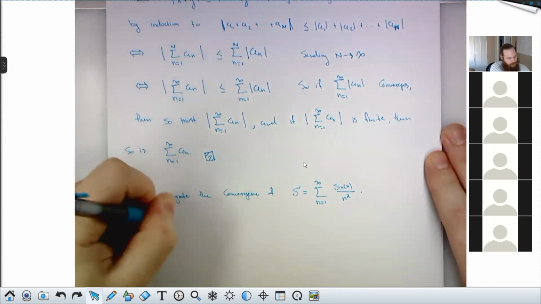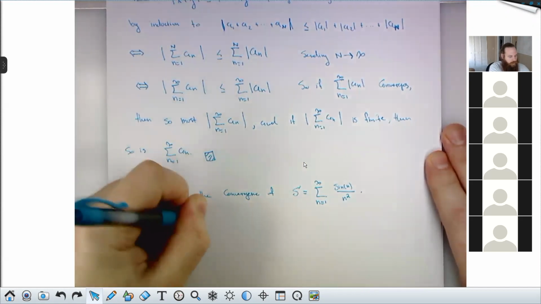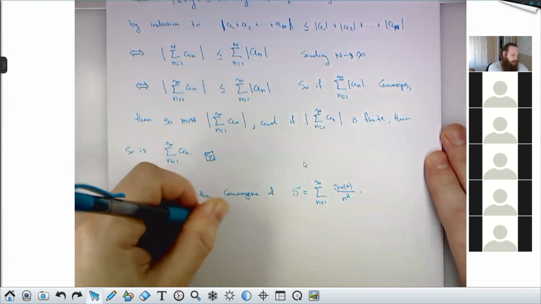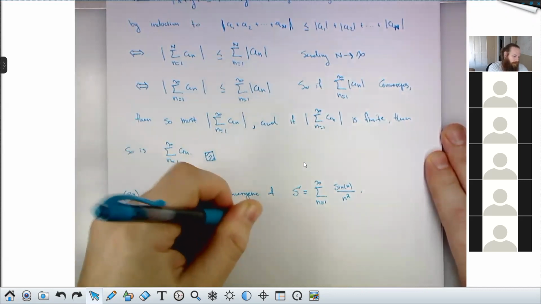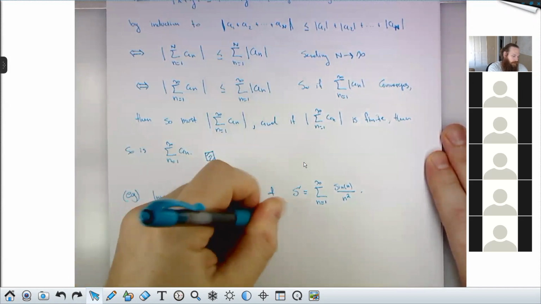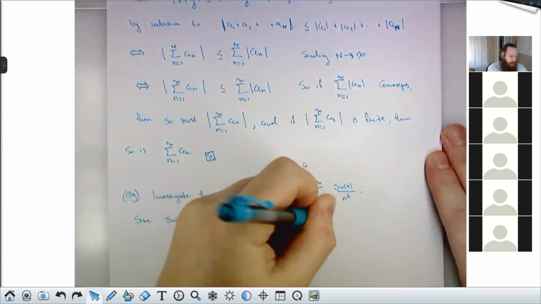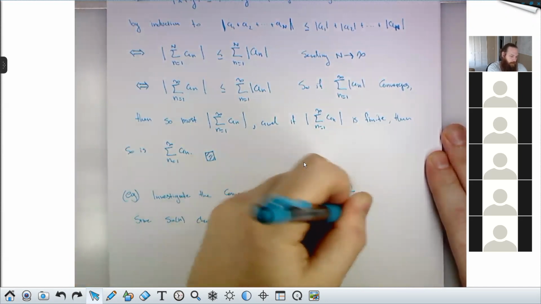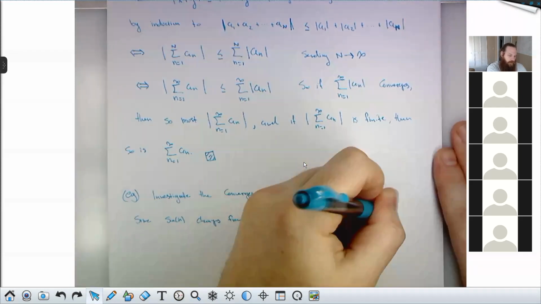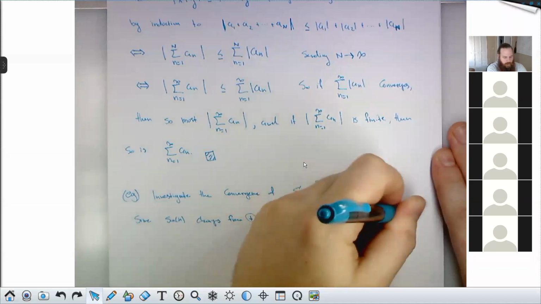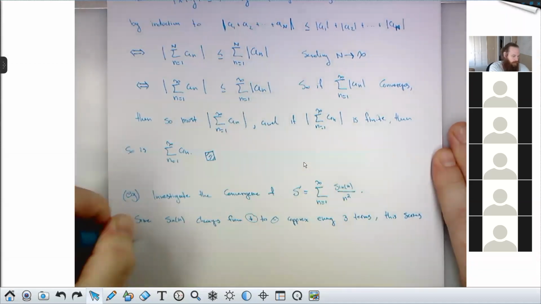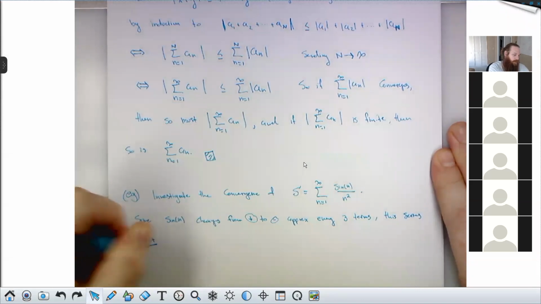Since sine n changes from positive to negative approximately every 3 terms, this series is not alternating.